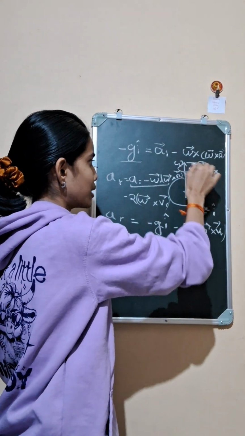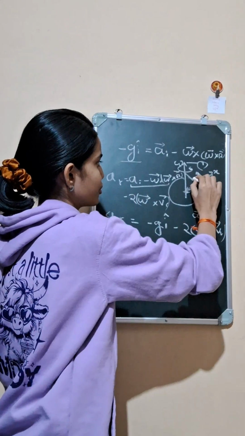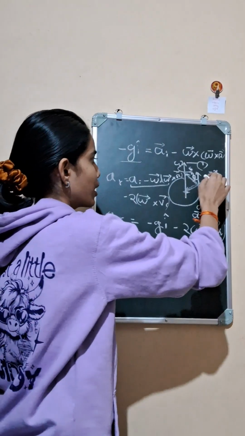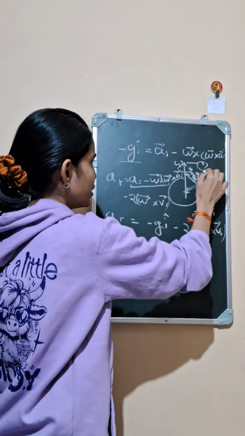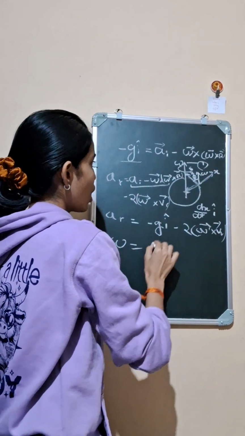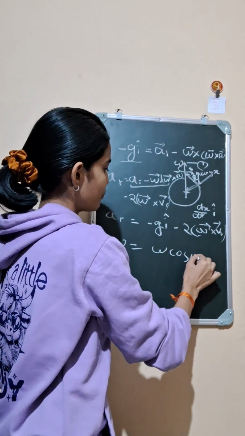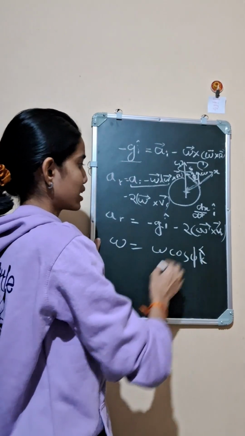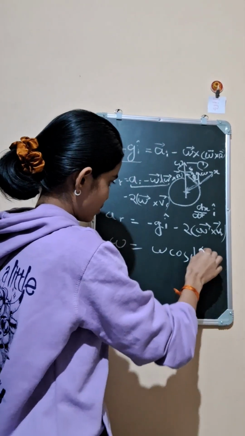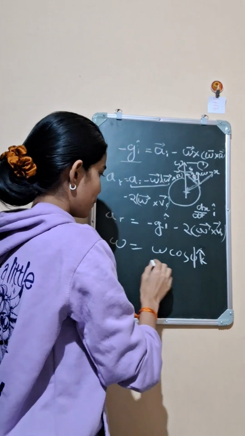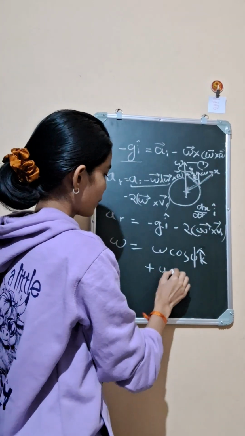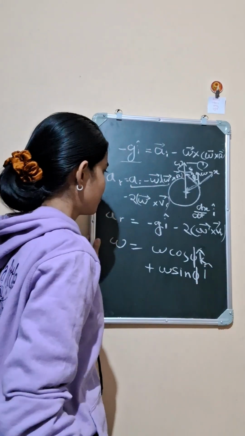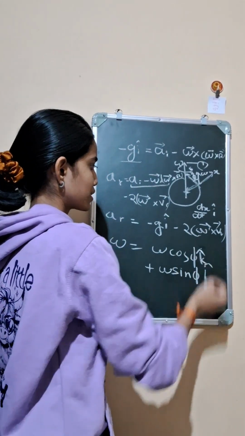So shifting this parallelly to this point, it will have an angle phi with z, that is the north direction, and therefore omega will be equal to omega cos phi k cap, since along the z axis it will be k cap, plus omega sin phi i cap. Right.